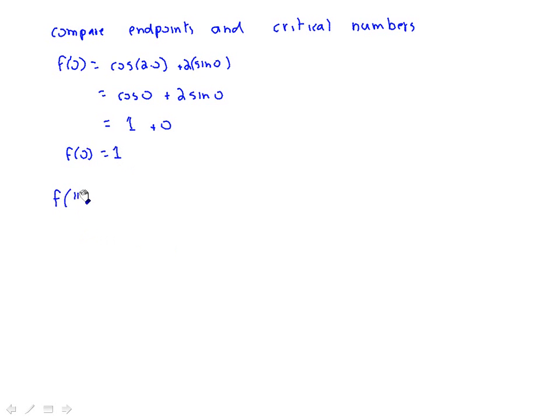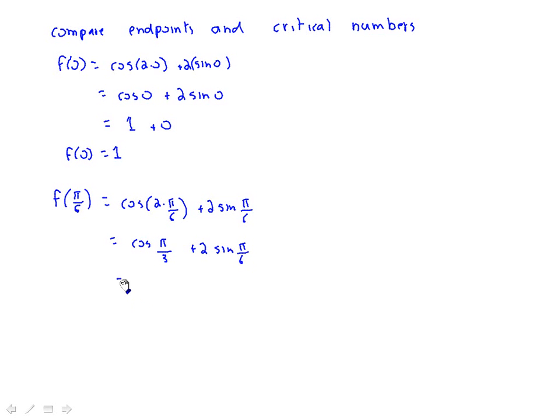So f at pi over 6 is equal to the cosine of 2 times pi over 6 plus 2 times the sine of pi over 6. So this is equal to the cosine of pi over 3 plus 2 times the sine of pi over 6.